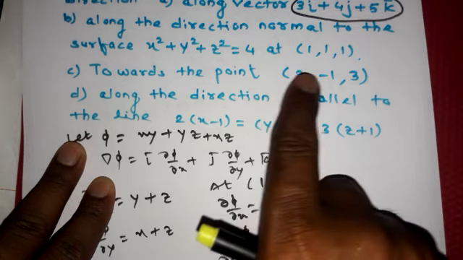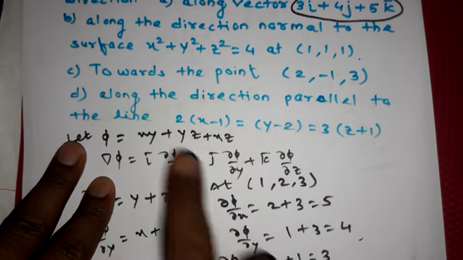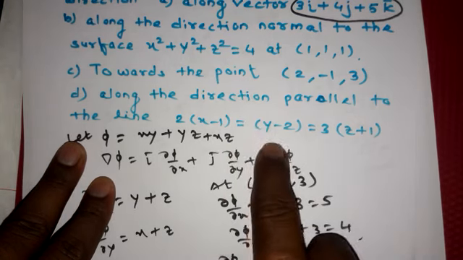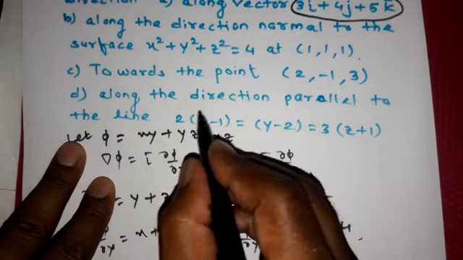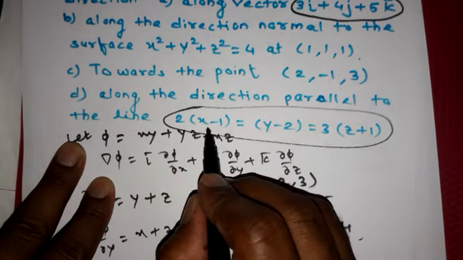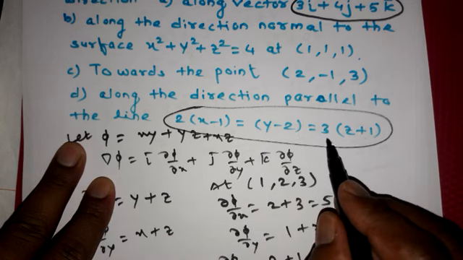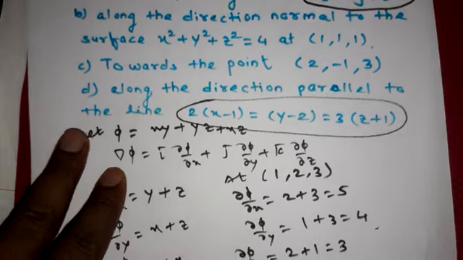So along the direction normal to the line, this question we have to solve. One line is given: 2 in bracket x minus 1 is equal to y minus 2 is equal to 3 in bracket z plus 1. So I am writing that line to solve the problem.